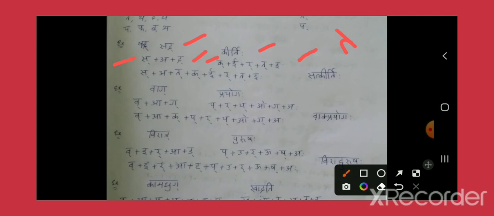Now what will happen? The replacement will happen on the left hand side. So this dakara will be replaced by the first letter of that varga. What is the first letter of tavarga? Takara. So dakara will be replaced by takara.